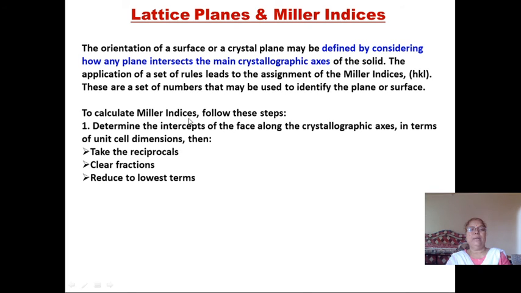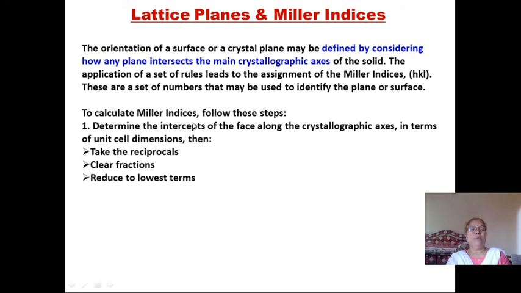To calculate Miller indices, follow these steps. Determine the intercepts of the face along the crystallographic axes. And remember, the intercepts made by the face or plane along the crystallographic axes are the Weiss indices of that plane.